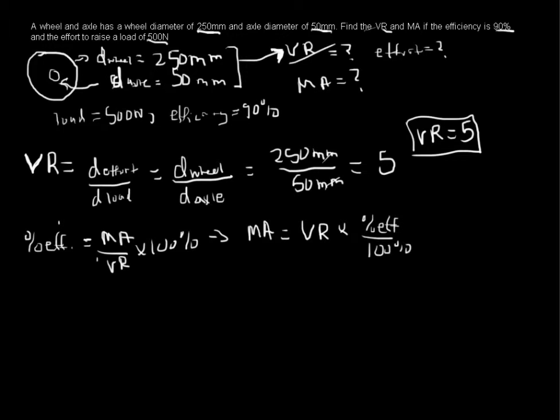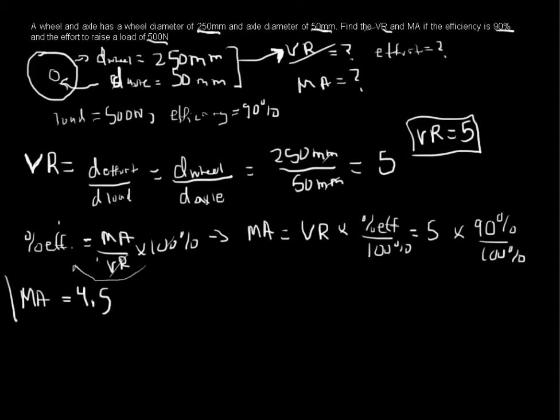You do that by first dividing both sides by 100, which cancels this, and then multiplying both sides by VR, which cancels them. So velocity ratio is 5 times percent efficiency 90% over 100%. So it's 5 times 9 over 10, which gives mechanical advantage 4.5.